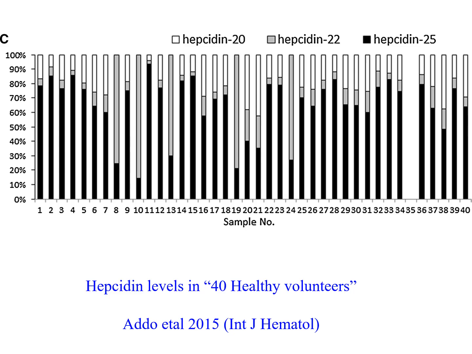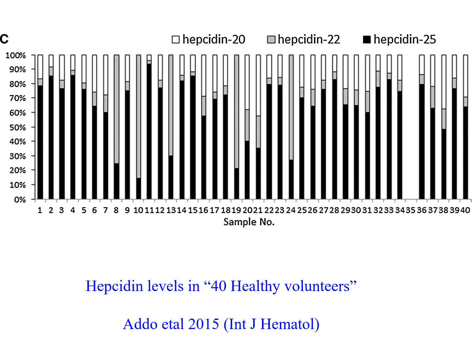Certainly from this slide you can see that the relative amounts of the 3 isoforms vary very substantially from person to person, and in fact for person 35 measurement of none of them was possible, and that typically is something that we would equate with someone who may have hemochromatosis.